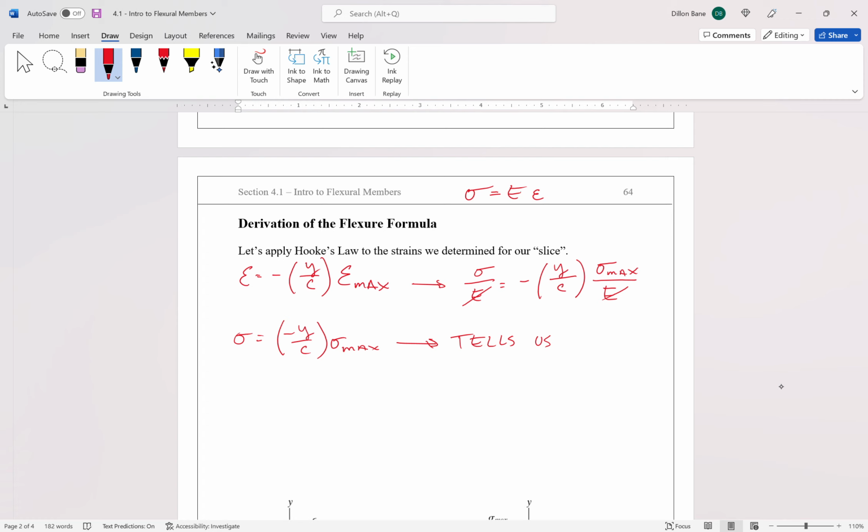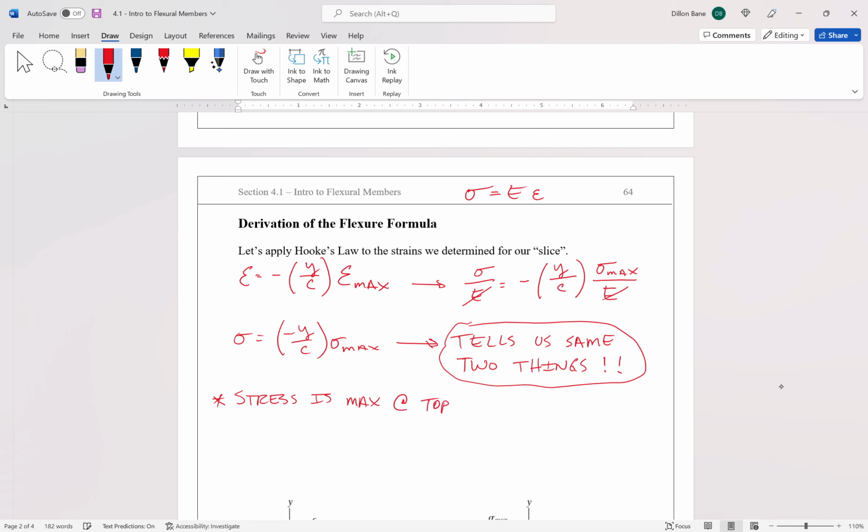It tells us the exact same two things that we figured out with the strain. It tells us the same two things about the stress profile, right? Stress is maximum at the top and bottom of the beam.